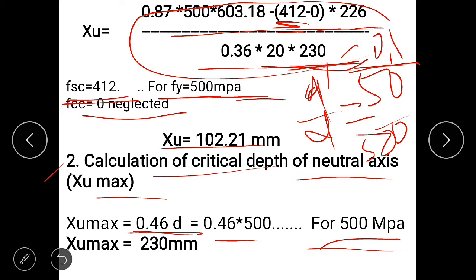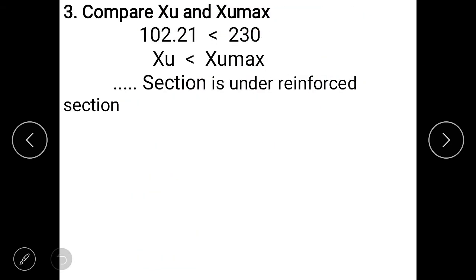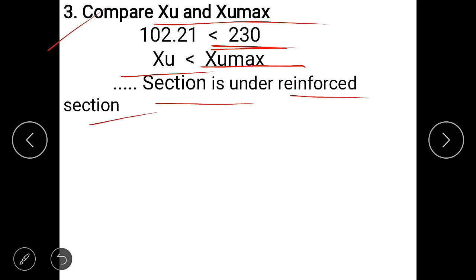Depth of beam is 500, so Xu max is 230. Here Xu is 102.21 and Xu max is 230, so 230 is greater than Xu. In the third step we compare Xu and Xu max. Xu max is greater, so the section is an under reinforced section.